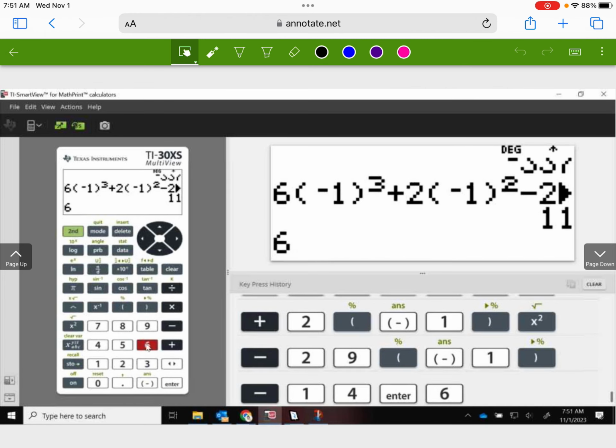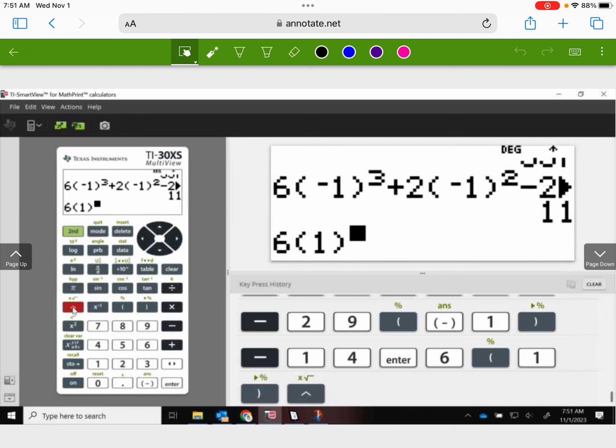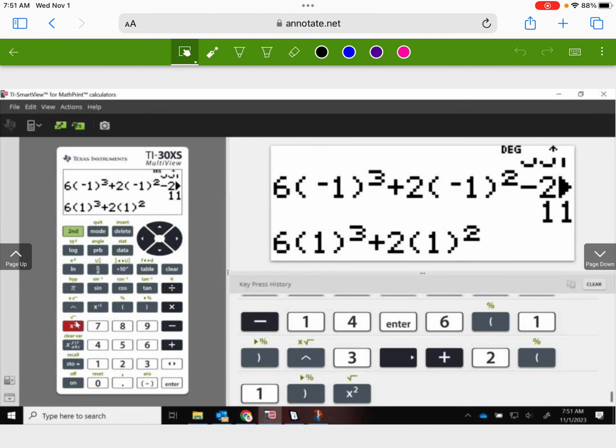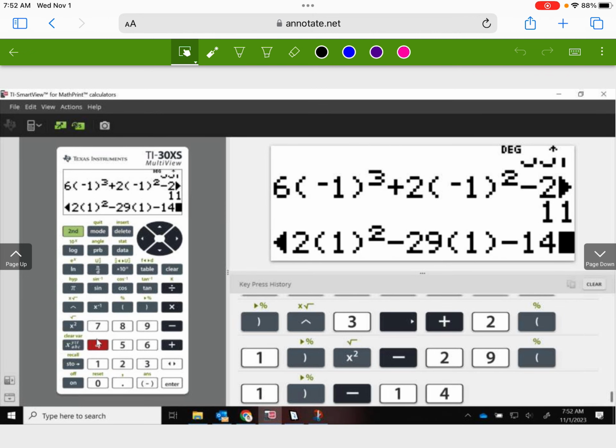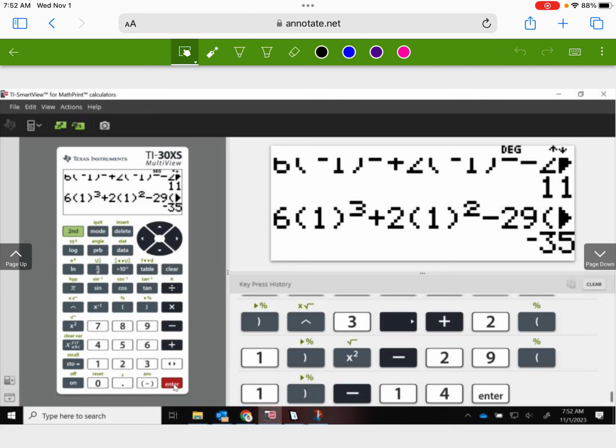Last couple, 6 times 1 to the third plus 2 times 1 squared minus 29 times 1 minus 14, that's -35.